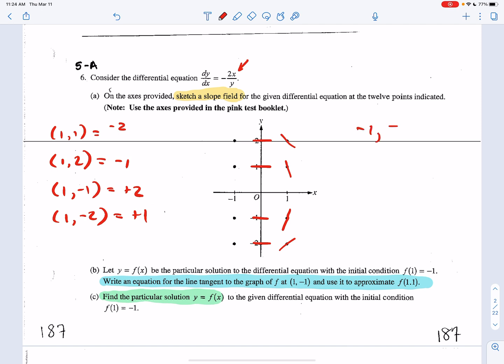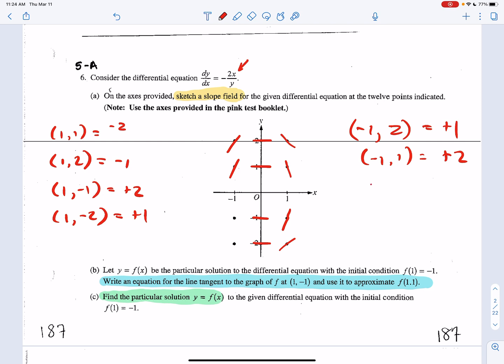So -1, 2. -1, 2 will give me +1. Okay. -1, 1. That'll give me +2. So definitely steeper than the previous one.